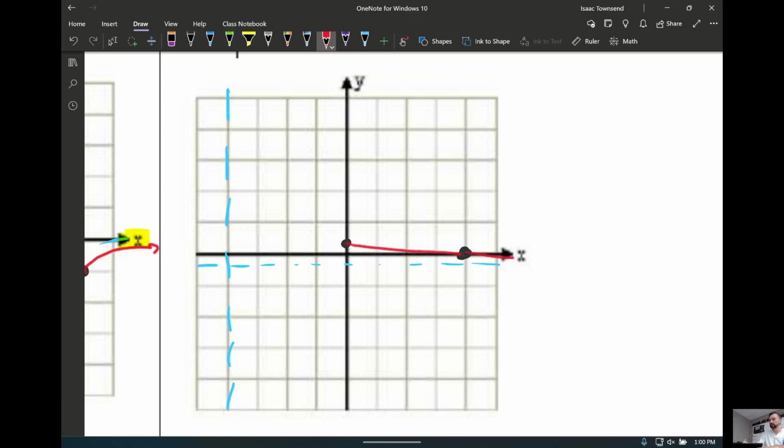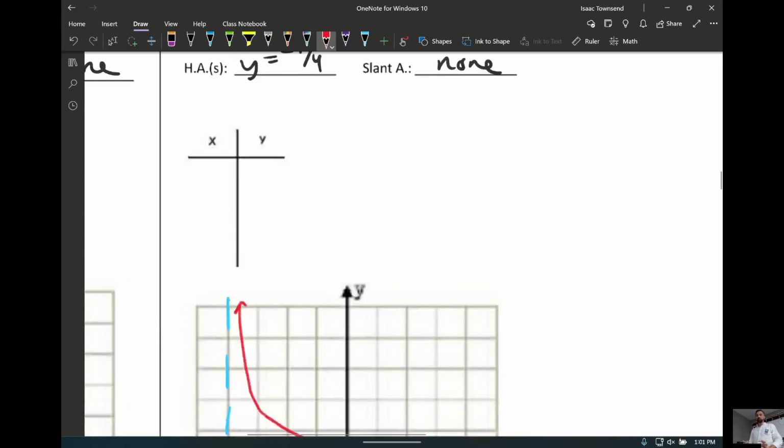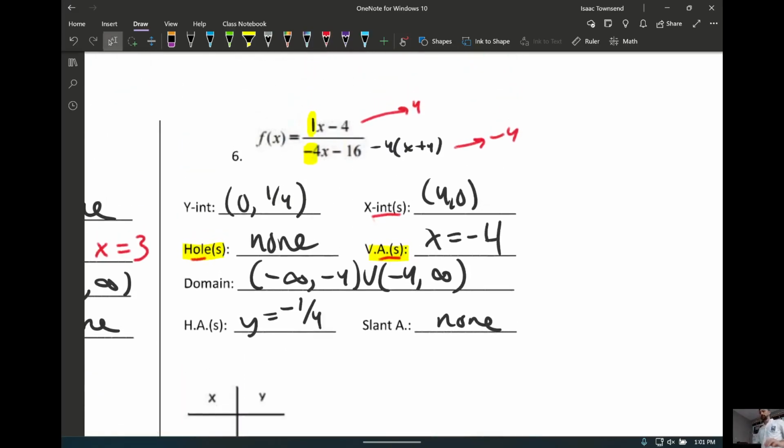It's got to approach the horizontal asymptote to the far right. Based on these directions, it's still going up, which means it must be going to infinity on the right side of the vertical asymptote, so -infinity on the left side of the vertical asymptote. And it's got to approach the horizontal asymptote on the far left also. So not a perfect sketch, but pretty good for about 4 minutes worth of work.